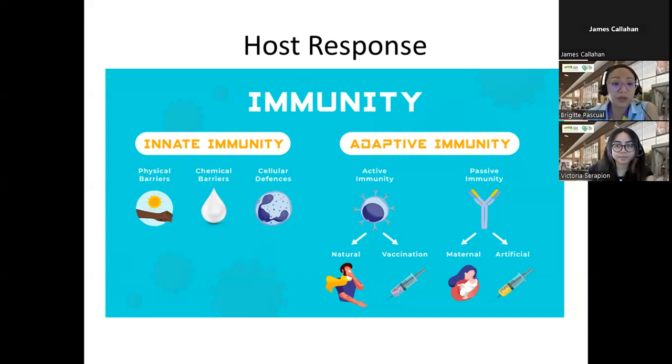Active immunity results when there is an exposure to a disease organism that triggers the immune system to produce antibodies to that disease, and it can be acquired through natural immunity from exposure to the organism through infection, or vaccine-induced immunity. And lastly, passive immunity results when a person is given antibodies to a disease rather than producing them through his or her own immune system.